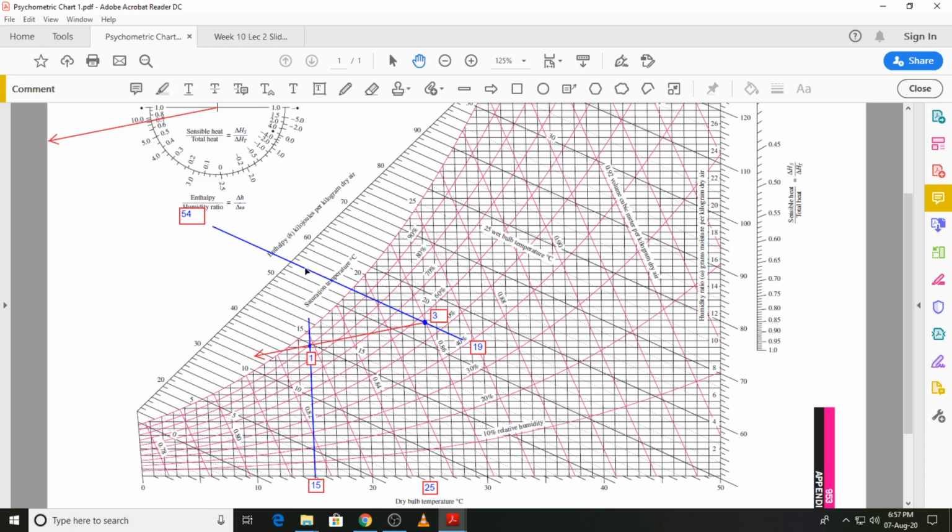The other line will be for state point 1, and I will take that as well over here.